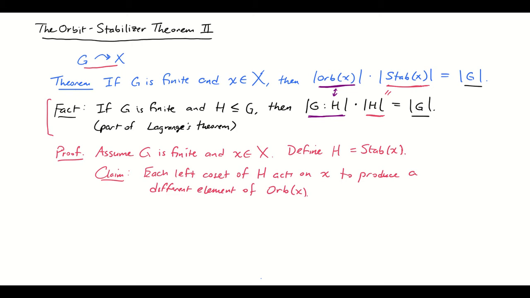If I have H and I have all of the cosets of H listed out, and because G is finite, therefore H has to be finite, therefore there have to be a finite number of left cosets. So let's say I list all of those out.